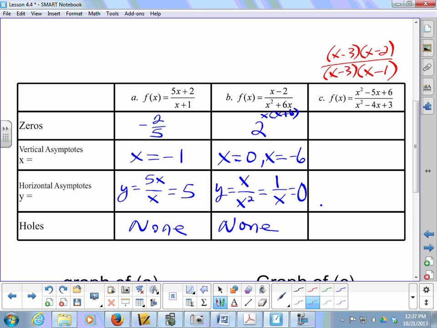So if I took just that information and I wrote down my zeros, what would my zeros be? 2 and 3. All right? What would be my vertical asymptotes then? Okay, x equals 1 and x equals 3.